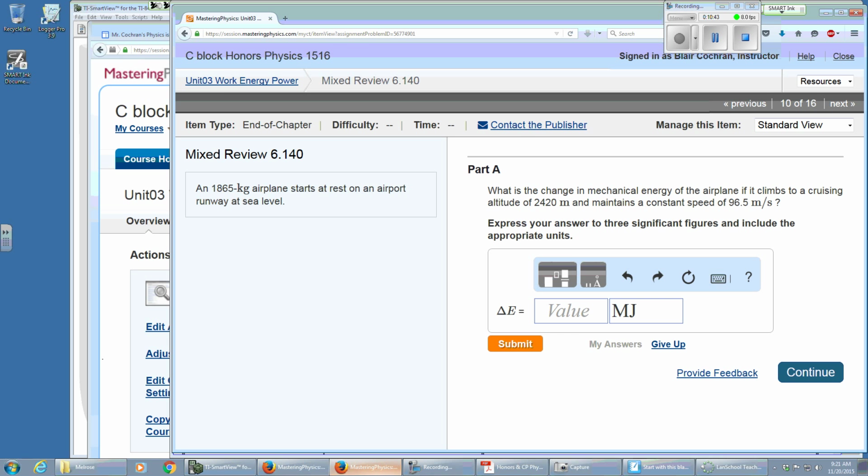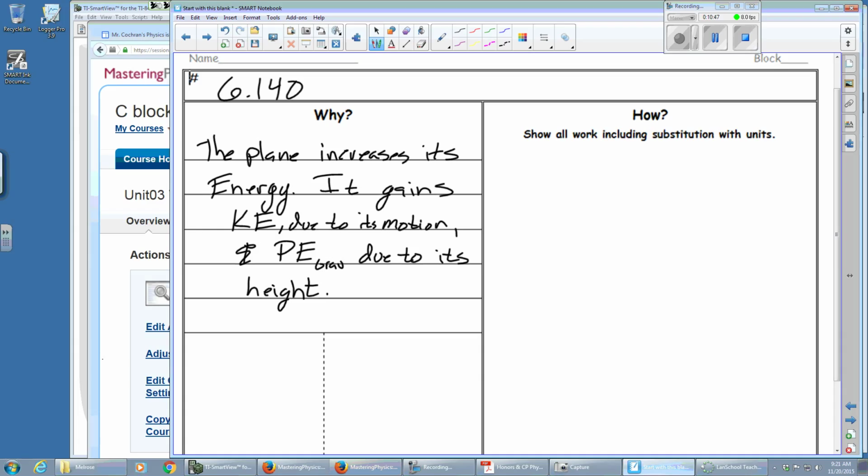No, that's it. So we all agreed that it's the energy at the beginning. We'll call that 0 because it's sitting at sea level, and it's not moving.